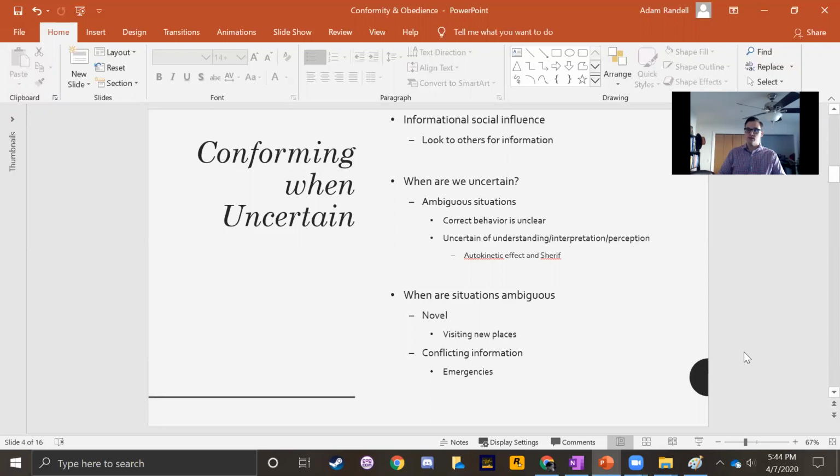He would go around the room and ask participants how far the dot moved. Well, what do you mean? The question creates uncertainty. If you're sitting there looking at that dot and you think, it didn't move at all, and then you're asked, well, how much did it move? That question implies that it did. Now, imagine that some of the participants in the room start giving an estimate that's greater than 0.